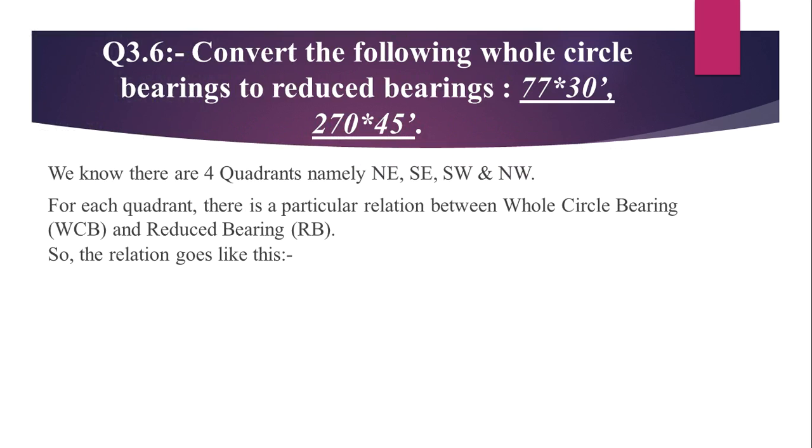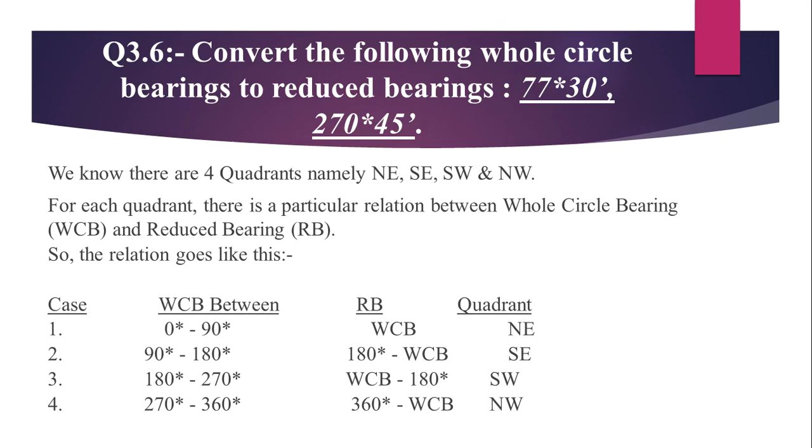For each quadrant, there is a particular relation between whole circle bearing and reduced bearing. The relation goes like this, which has already been mentioned in the previous slides. So using this relation, we can easily evaluate and convert the following whole circle bearings to reduced bearings.